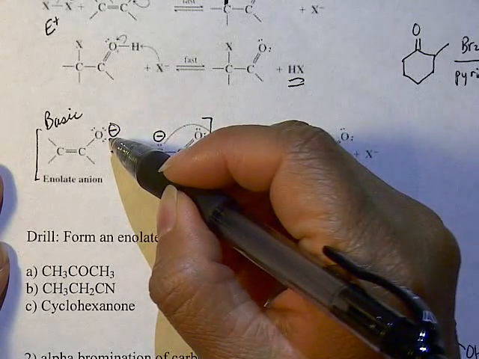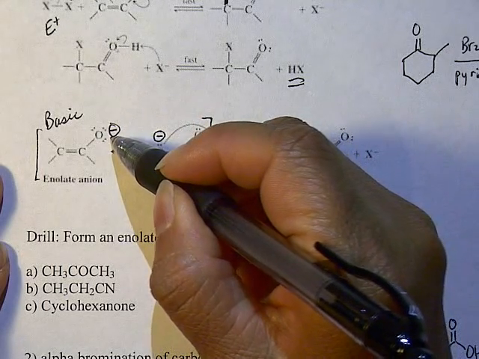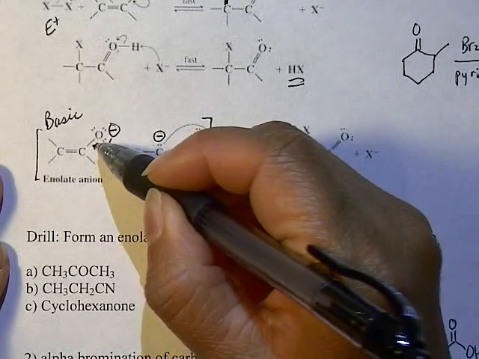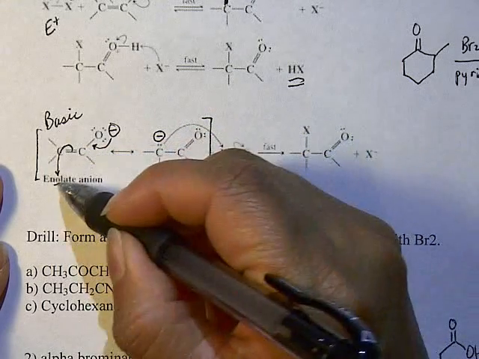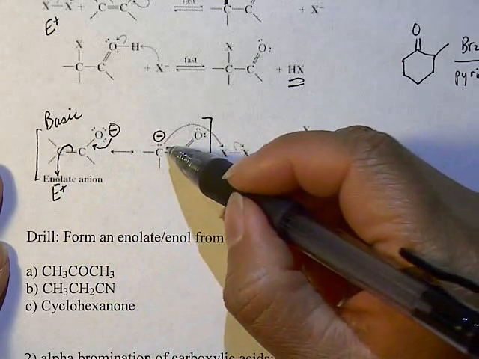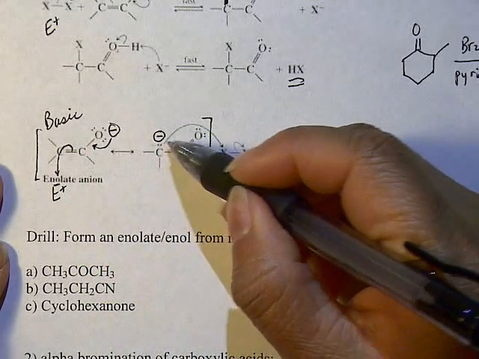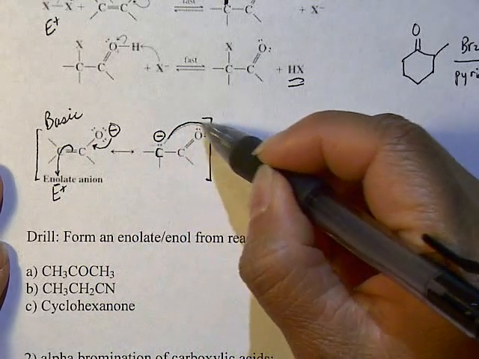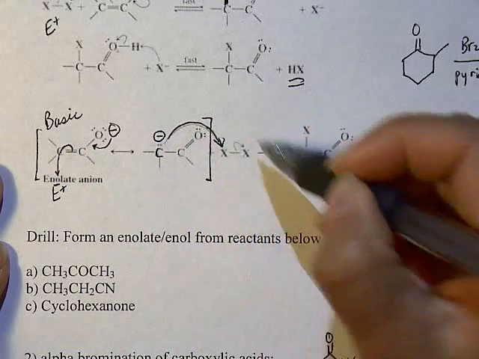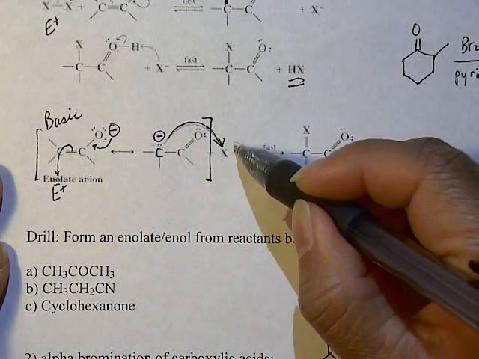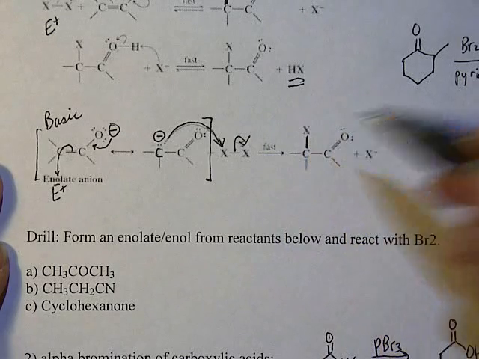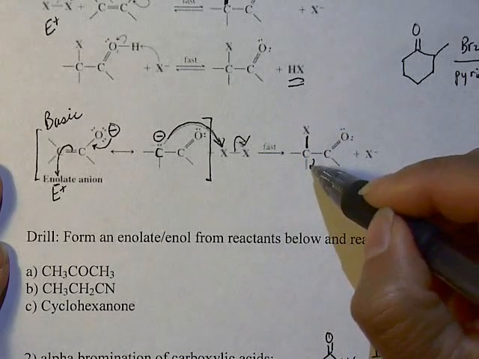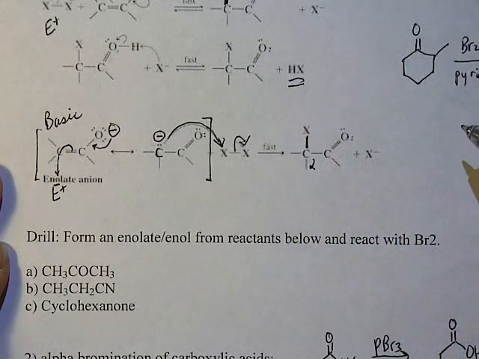The negative charge on oxygen is used to reform the C=O, and the alpha carbon is what goes after the electrophile. So this carbon is attacking the halogen, forming this carbon-halogen bond on the alpha carbon and reforming the C=O.